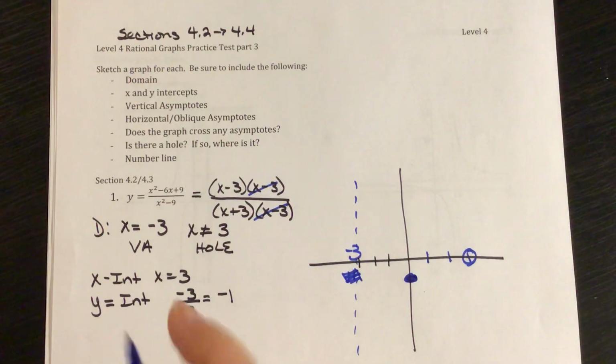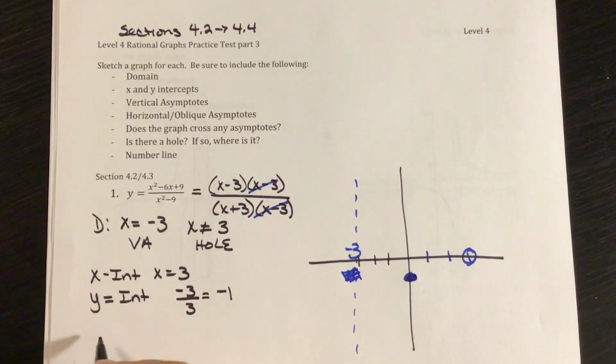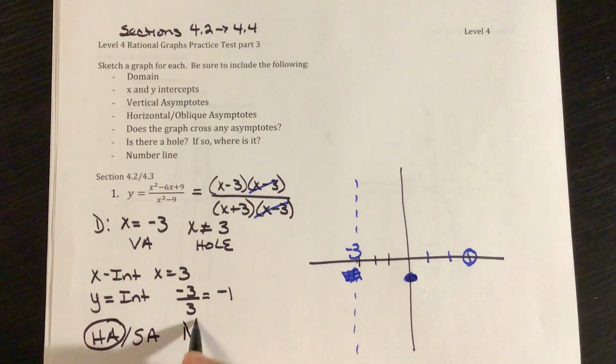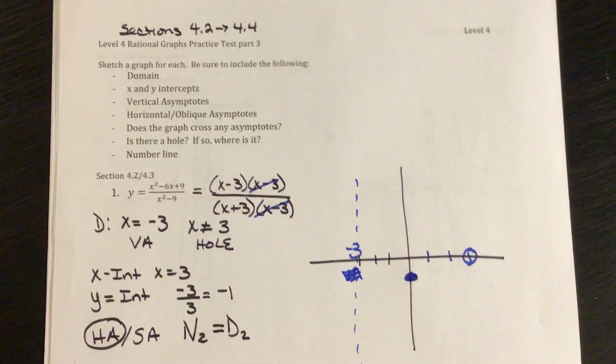Horizontal or slant asymptotes. This is where we need to compare the numerator and denominator. So I know that my numerator has a degree of 2 and my denominator has a degree of 2. They're equal.